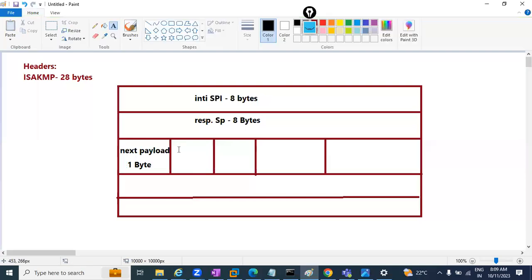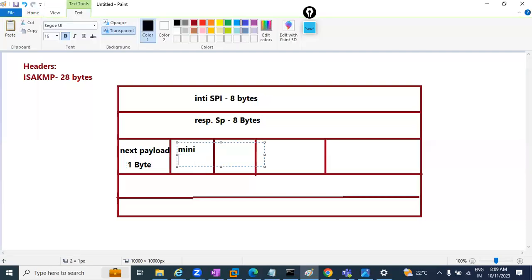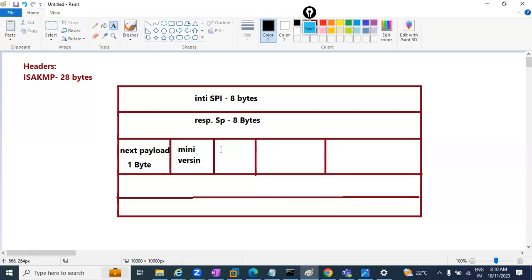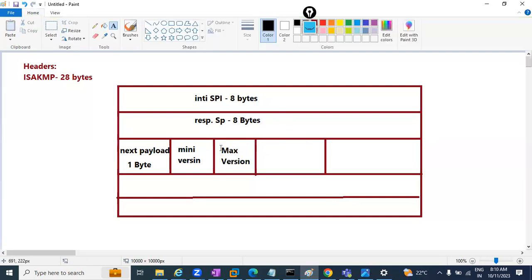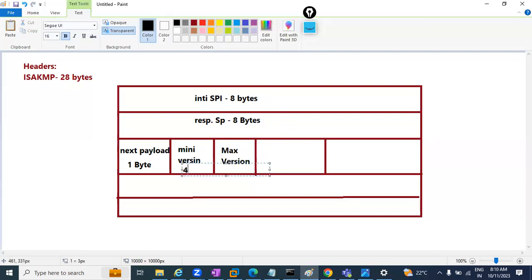This is the minimum version, and this is the maximum version. This size is 4 bits, this is 4 bits, and this is again 4 bits.